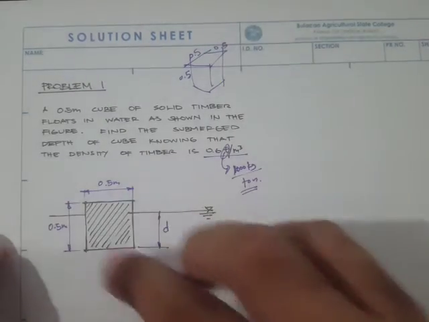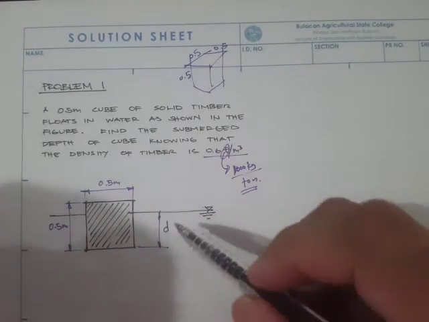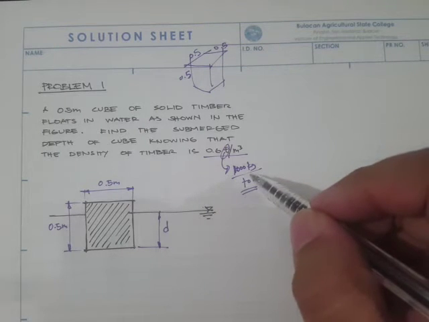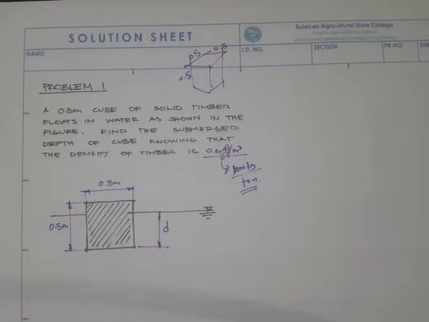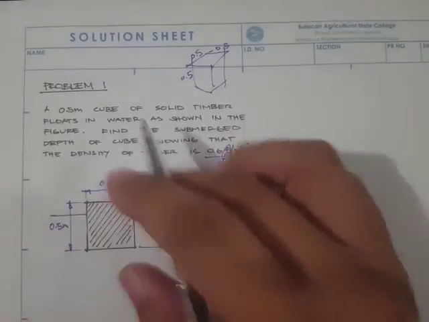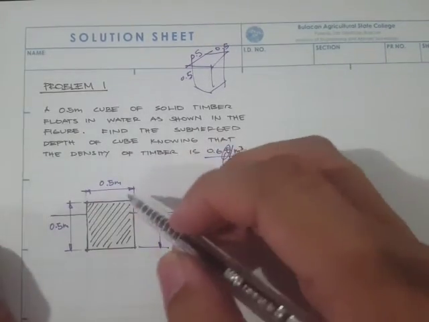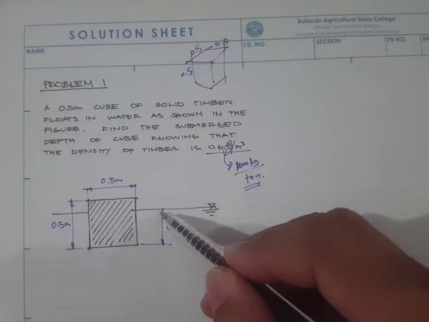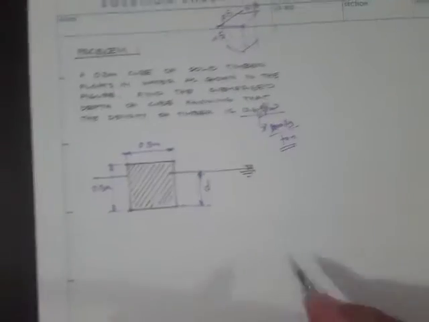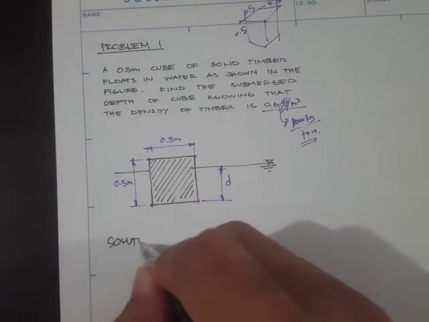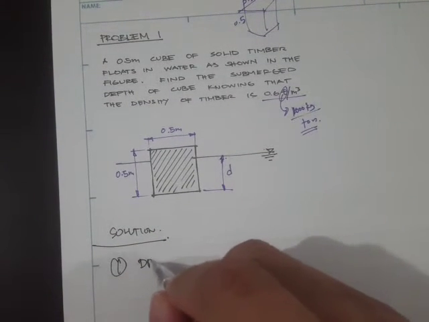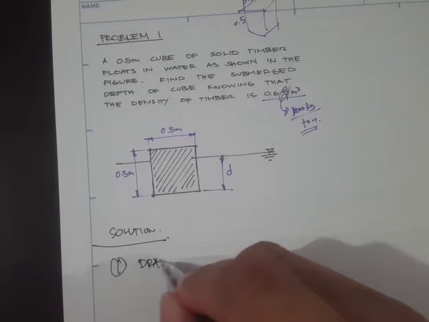Since we have the volume, we can also determine the displaced volume, plus the total weight of this solid object. Then later on we can find this depth. Okay, for the solution, the first step is to draw the free body diagram.